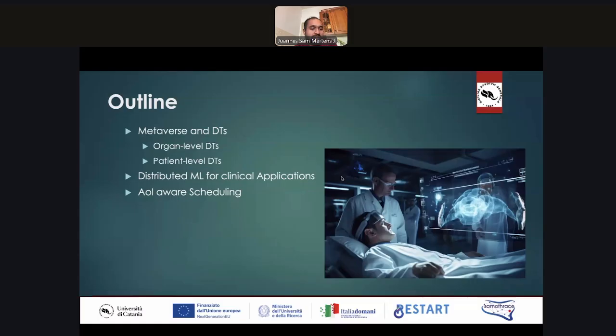When you have patient-level digital twins, the doctor can monitor all the patients from his own office. And when you do it in the metaverse, it provides an immersive environment for both the organ-level and the patient-level digital twins.